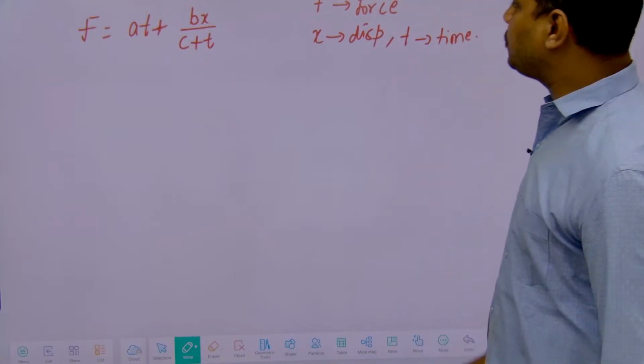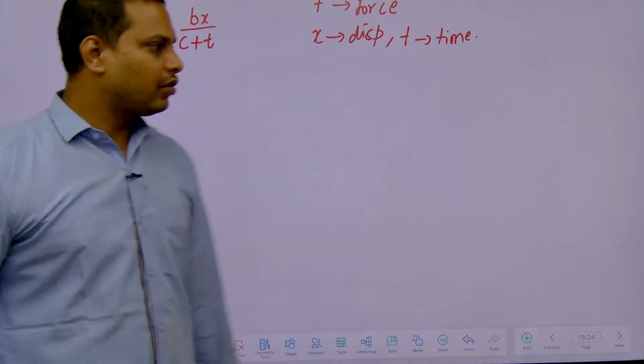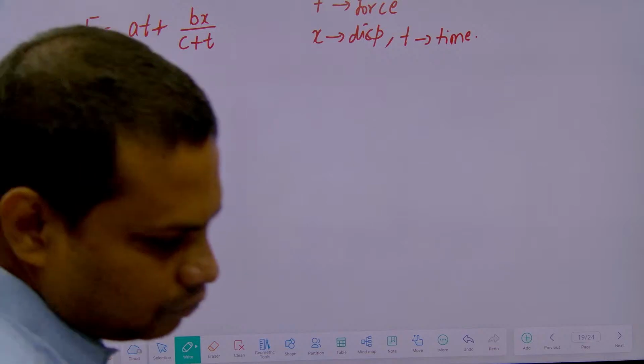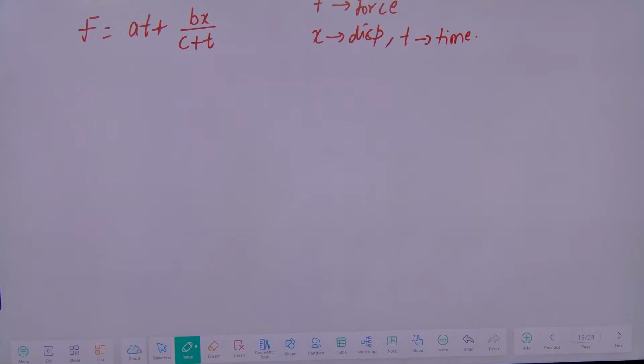Now I want the dimensional formula for A, B, C. What will be the dimensional formula for ABC? Yeah, try. A is very simple, right?